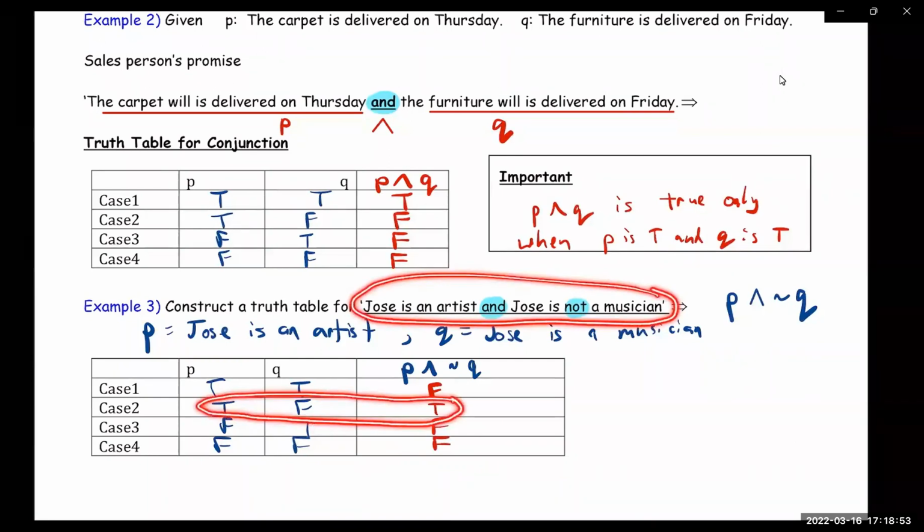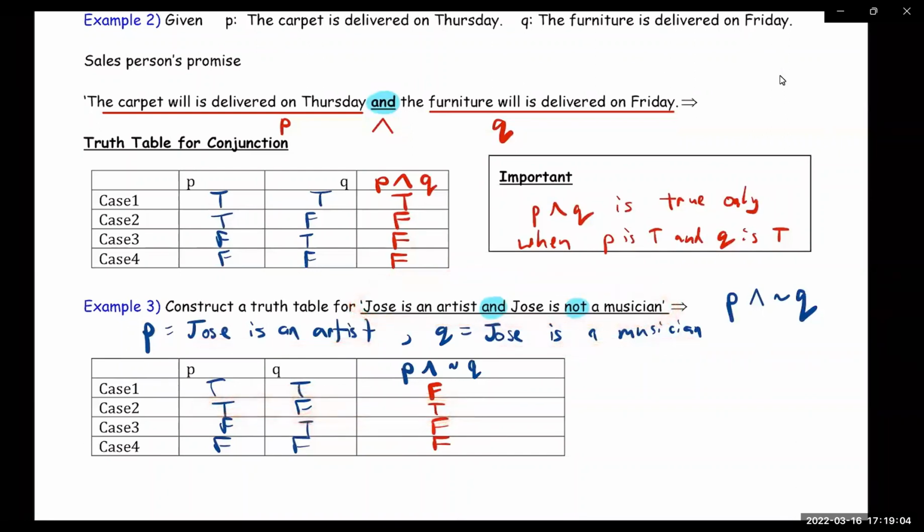So the only time it'd be true is if Jose is an artist and Jose is not a musician, because it says false here, so you'd have to negate it. So Jose has to be an artist, but Jose is not a musician. That's when this statement would be true.